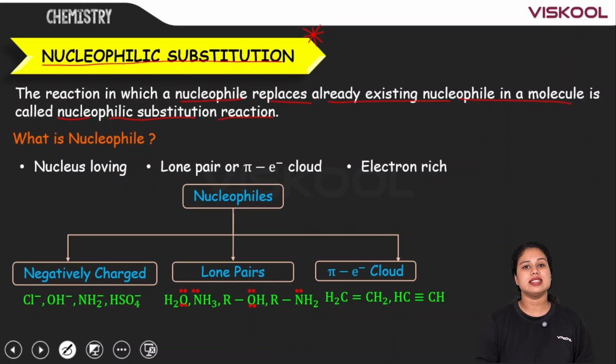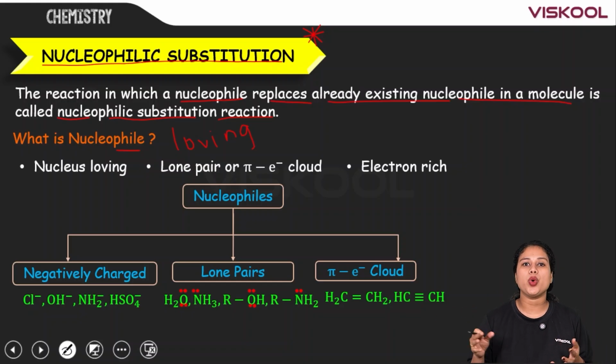Let us discuss what a nucleophile is. You may be having a doubt, right? What is a nucleophile? Let us solve your doubt. The word phile means loving, and nucleo means nucleus. So these are species that love the nucleus.